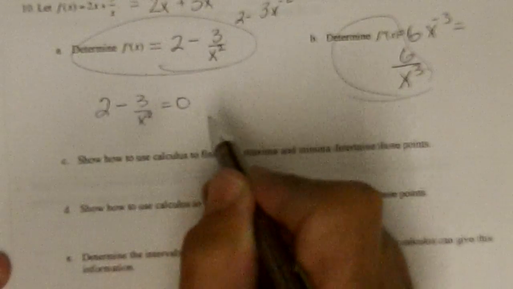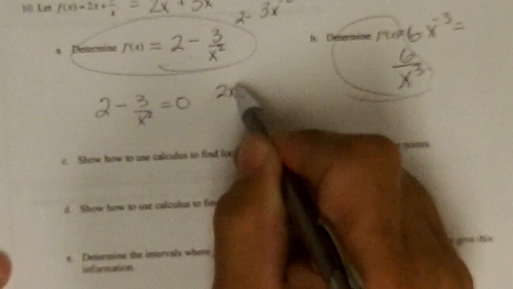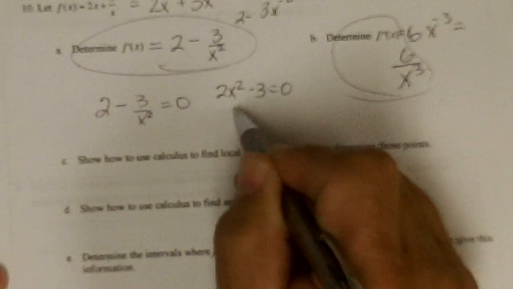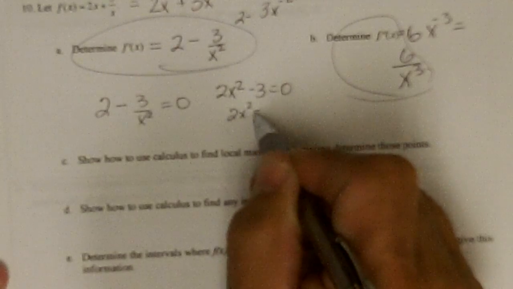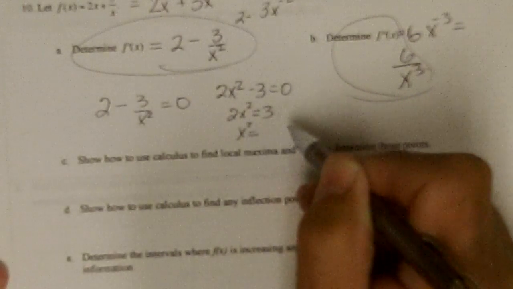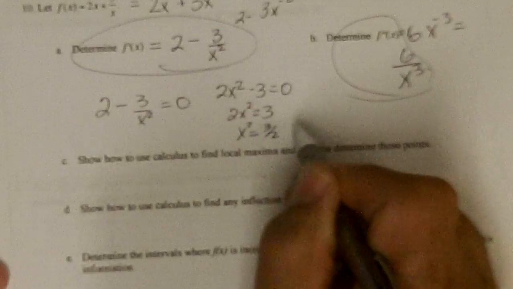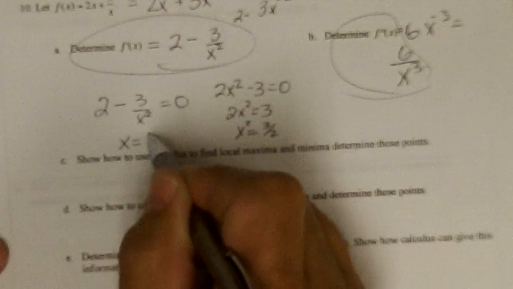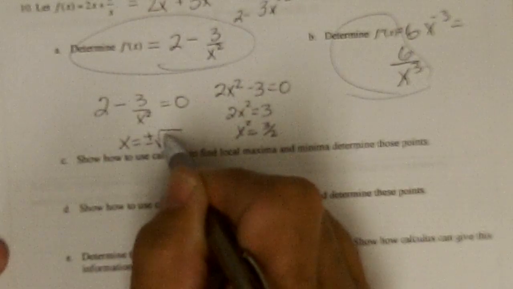So I can multiply through by x squared, and I get 2x squared minus 3 equals 0. 2x squared equals 3, x squared equals 3 divided by 2. x equals plus or minus the square root of 1.5.